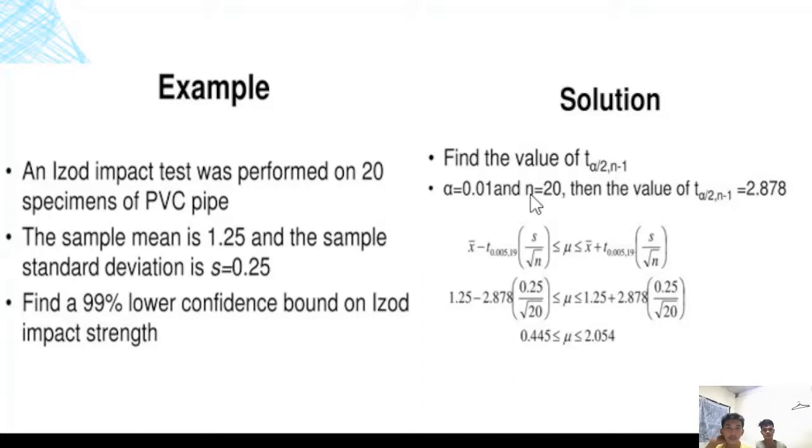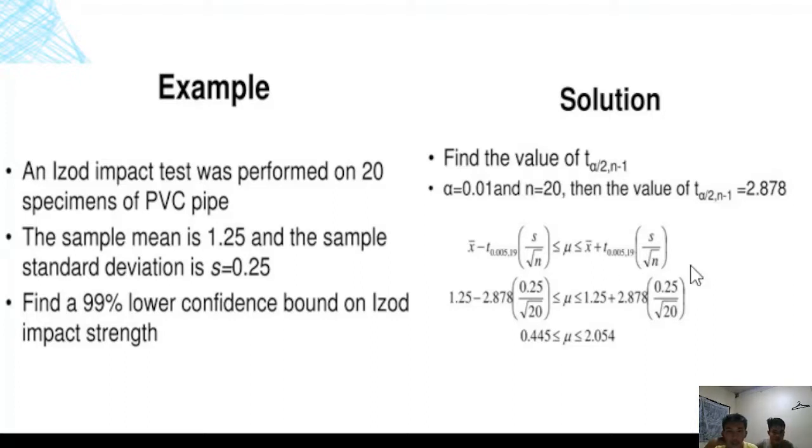Ito yung solution. Find the value of t sub alpha over 2 comma n minus 1. Given alpha is equal to 0.01 and n is equal to 20, then the value of t sub alpha over 2 comma n minus 1 is equal to 2.878.